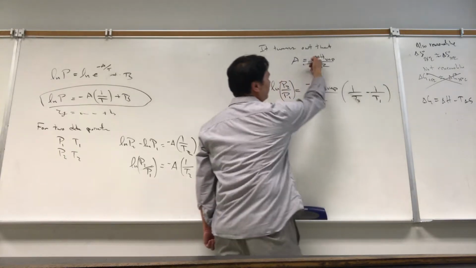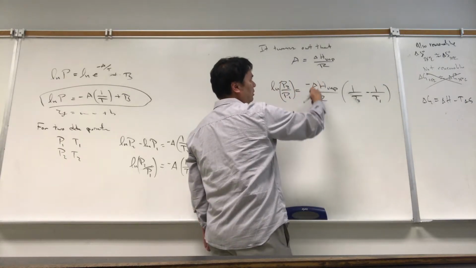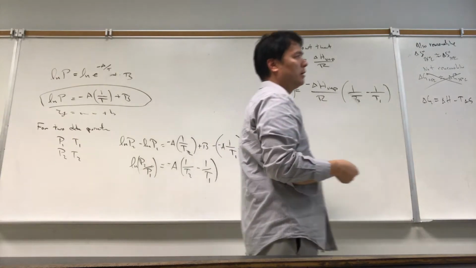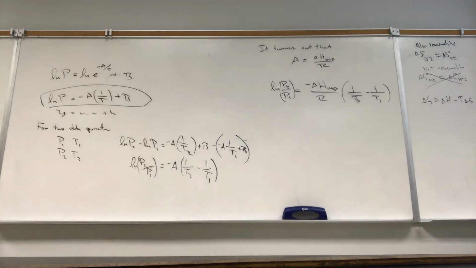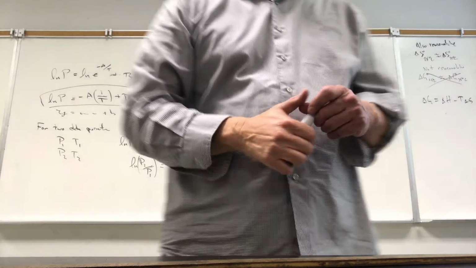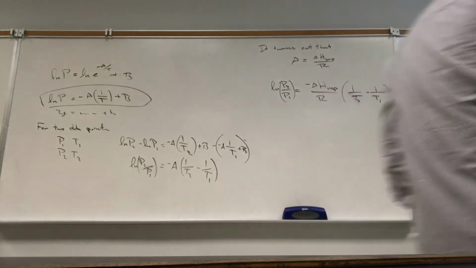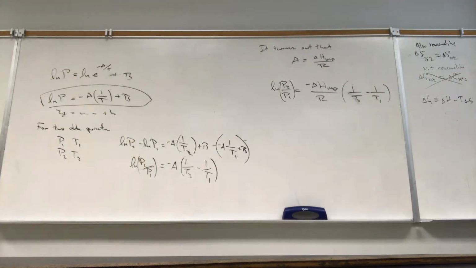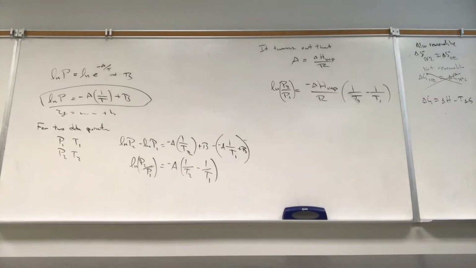We can get the delta H either from calculation, or from the slope by plotting the data. So we could get it experimentally or just from the data table. And this, equation 12.2, is the famous Clausius-Clapeyron equation.